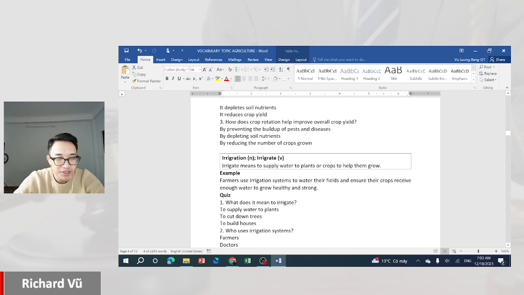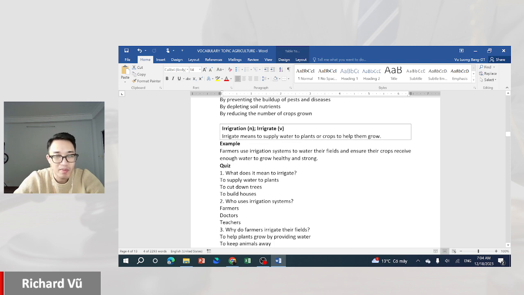Next on our list, irrigation. Irrigate means to supply water to plants or crops to help them grow. So keep in mind, irrigate means to supply water.